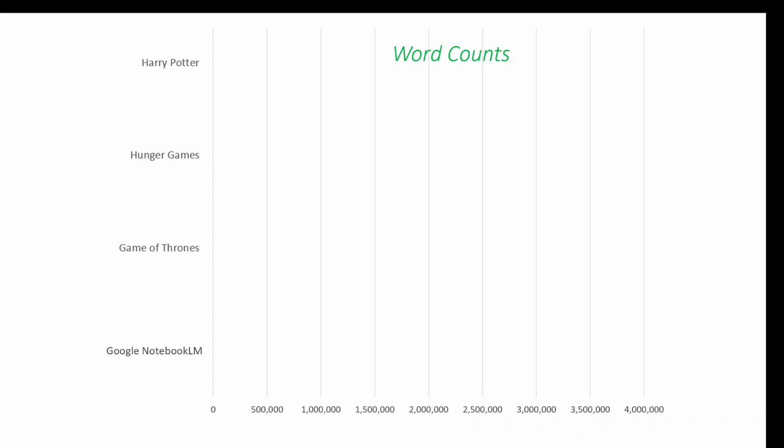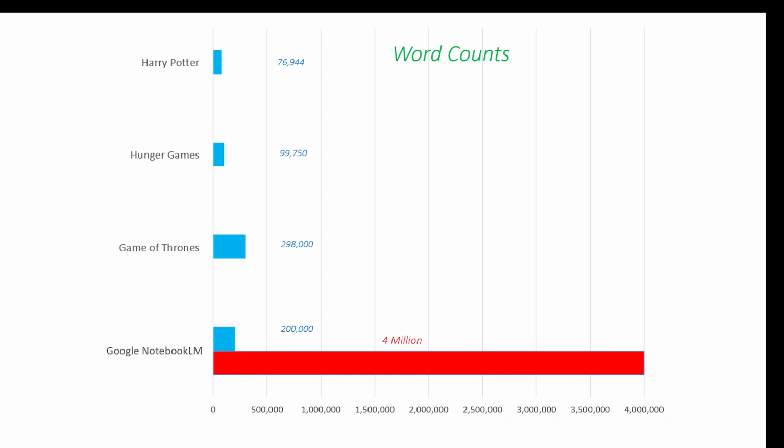and this is what I would say. Hello, today I want to present to you that Google has increased the word count capacity of Google NotebookLM. Currently, Google NotebookLM has increased amounts. You can have 200,000 words per source, and you can have 20 sources, up to 4 million. To give you an idea of how vast this word count capacity is, let me show you the word counts of Harry Potter, Hunger Games, and Game of Thrones for comparison.